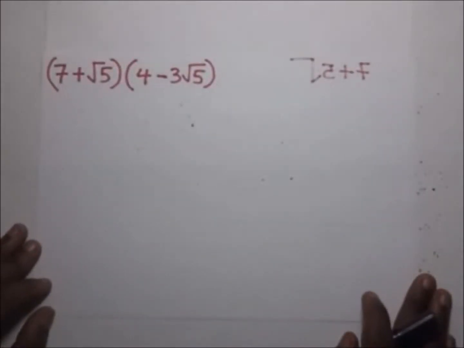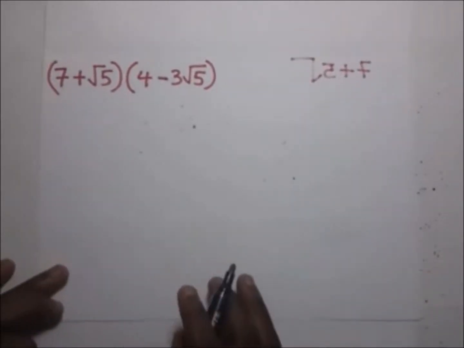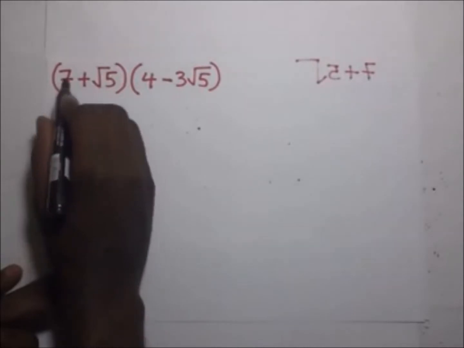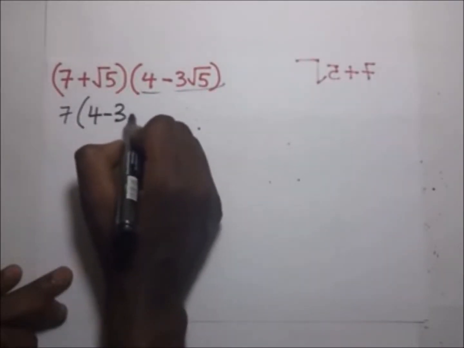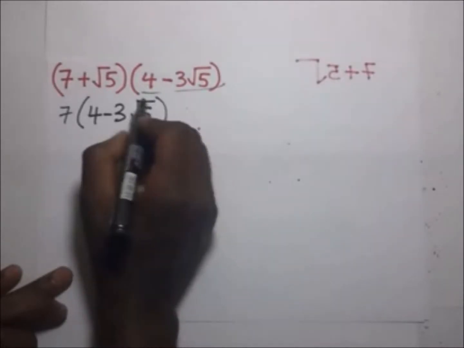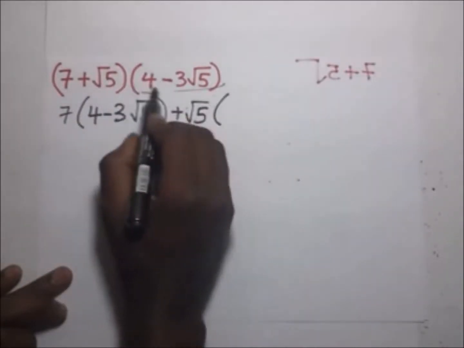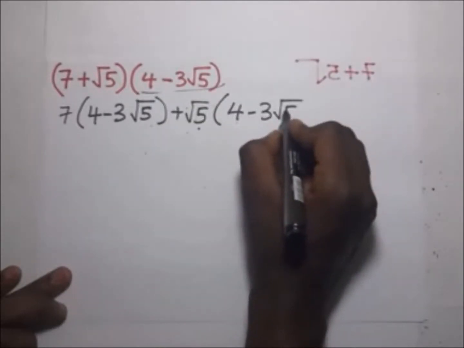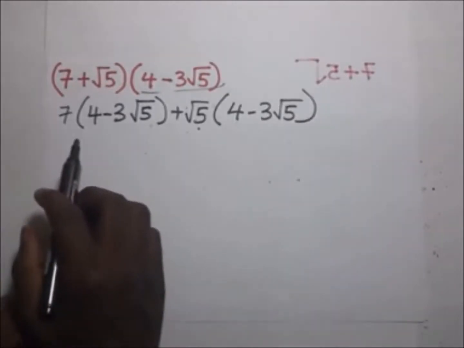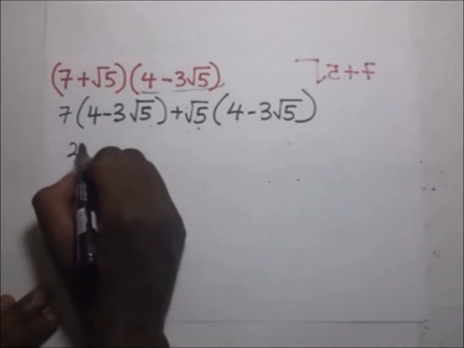Going on to the next, we are still going to do the same as before. This is going to become 7 outside the brackets times this whole bracket, which is 4 minus 3√5, then plus √5 into this whole bracket, 4 minus 3√5. Again, we open brackets. 7 times 4 is 28.